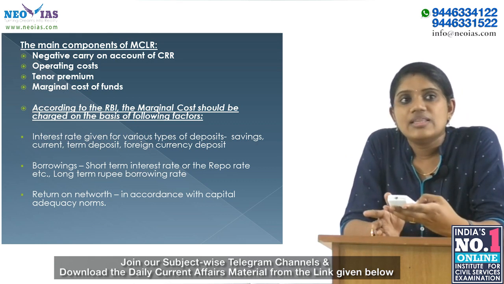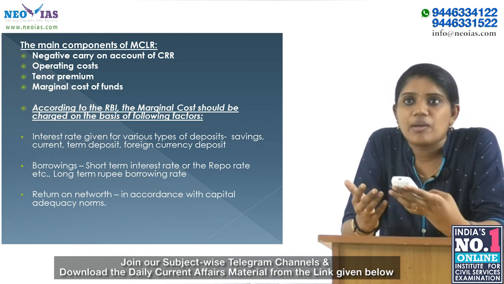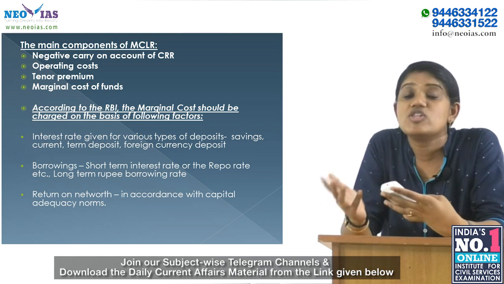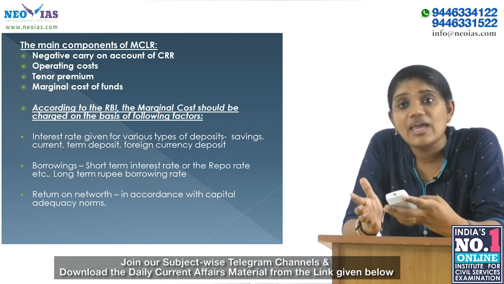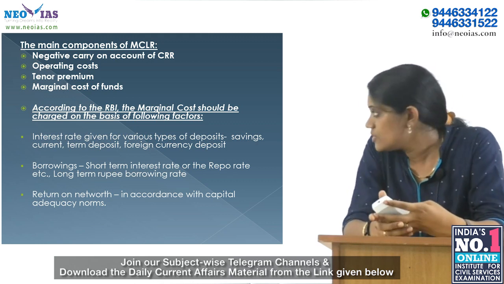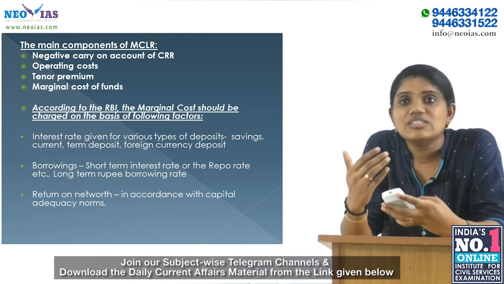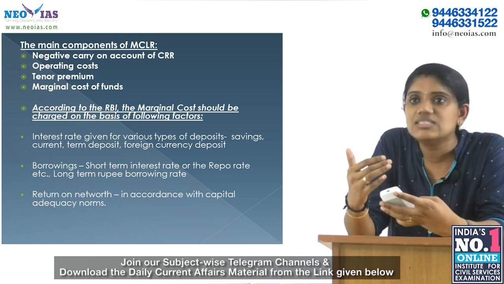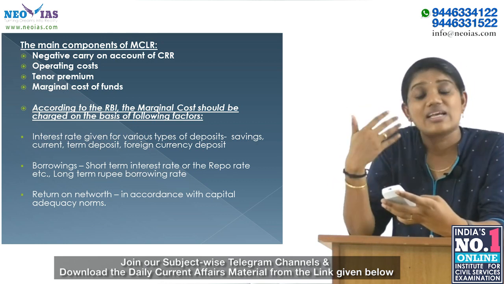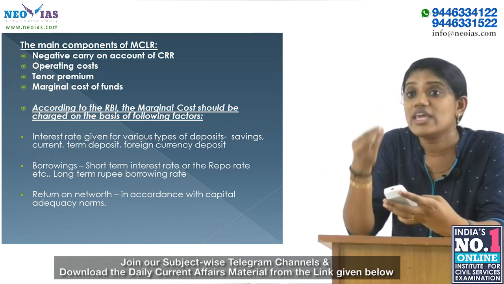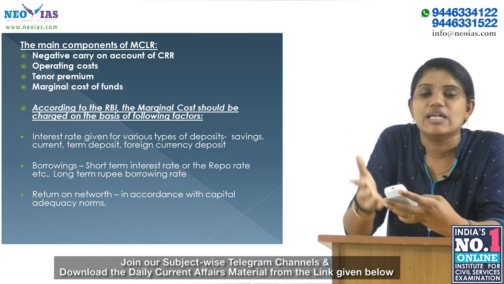Clear? Then, according to the RBI, the marginal cost should be charged on the basis of following factors. Okay, so the RBI says some factors. So, they are the interest rate given for various types of deposits, that means savings, then current deposit, term deposit, or even the foreign currency deposit.